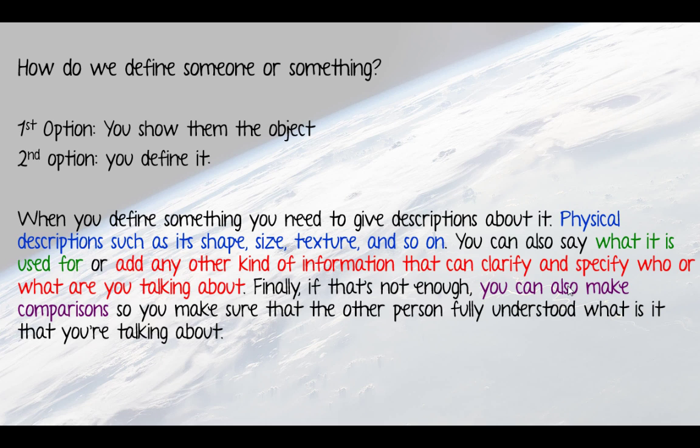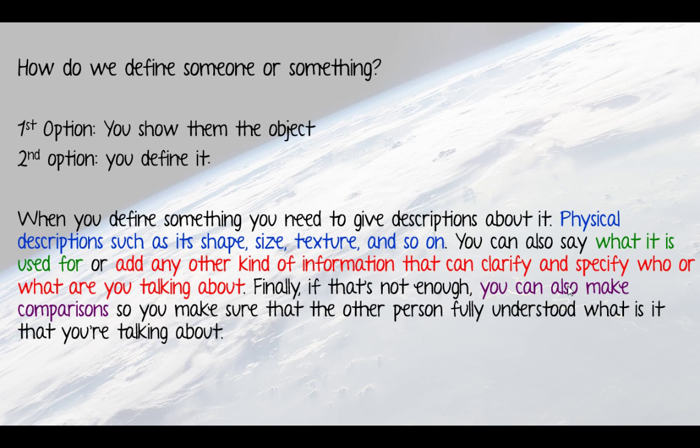Right? So, description, usage. Or you can add any other kind of information that can clarify and specify who or what you are talking about. You see? We're going to show you an example.